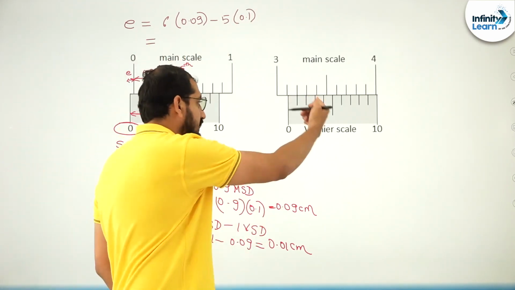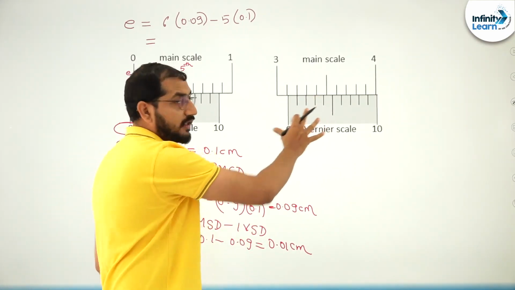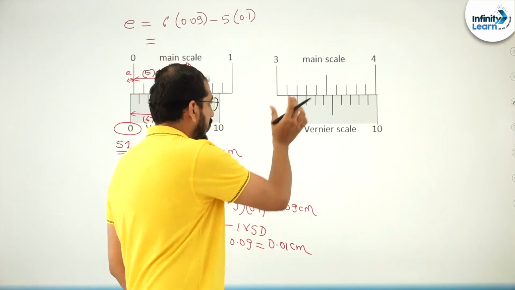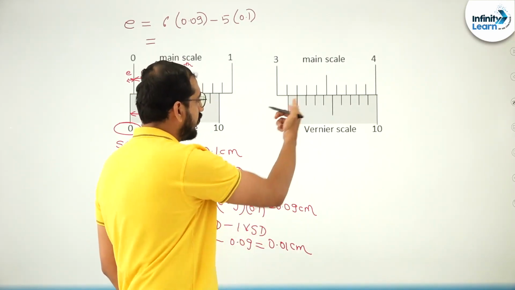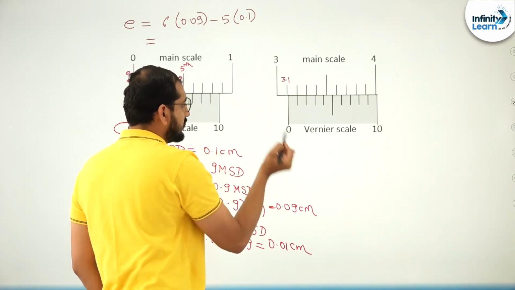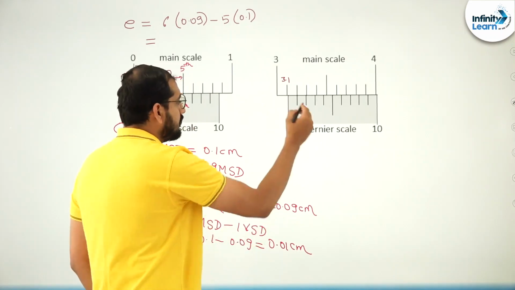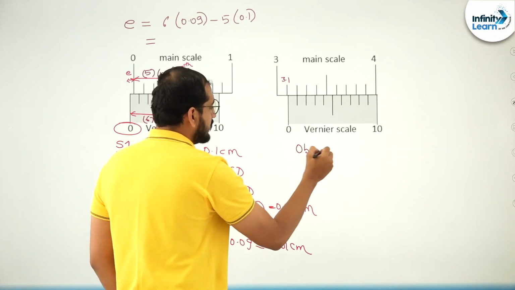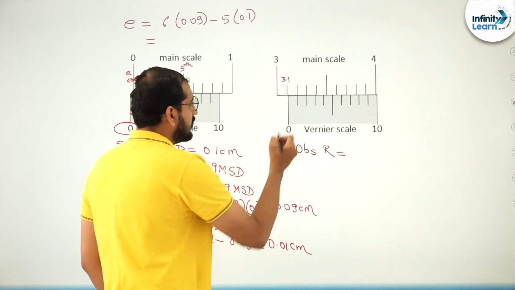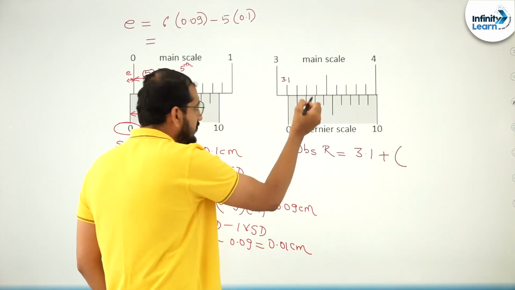Now let's move on to the actual reading. In this drawing we have kept one object between the jaws, and it shows that after 3, this is 3.1, and this zero is coming on the right side of this division. So my observed reading will definitely have 3.1, plus whichever division is coinciding.